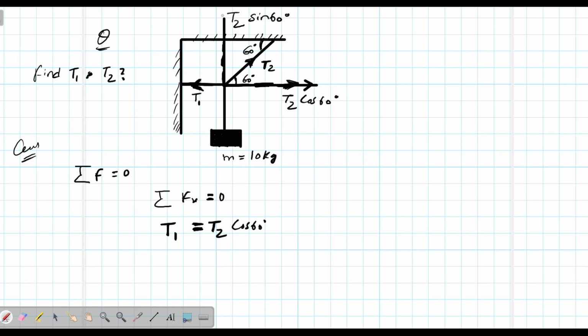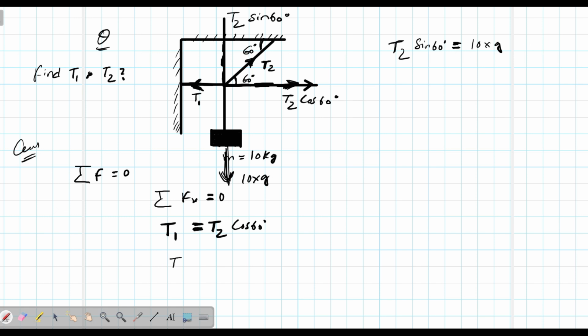Then mg is directed downward, 10 into g. So T2 sin 60 equals 10 into g.